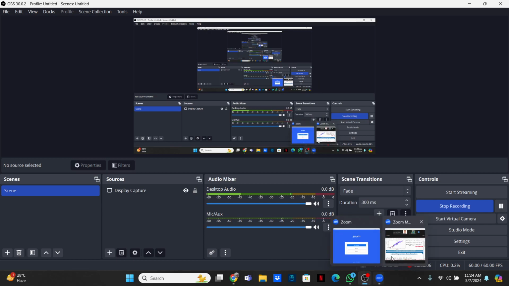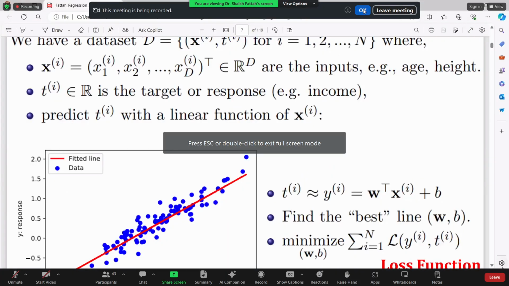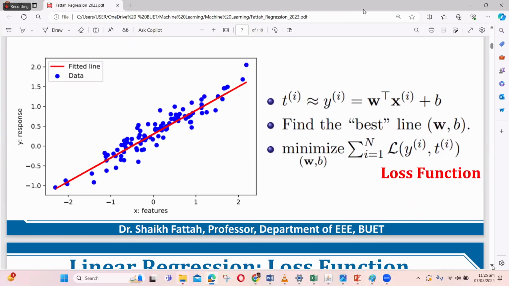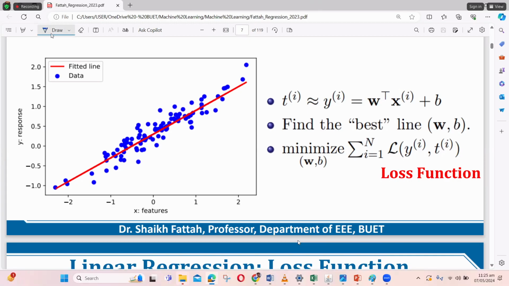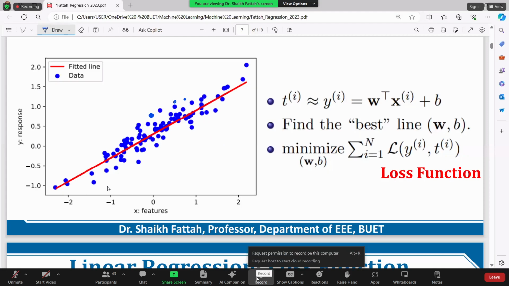In our last class, we talked about regression analysis. You recall our objective was, from given data, that all these blue points are features.